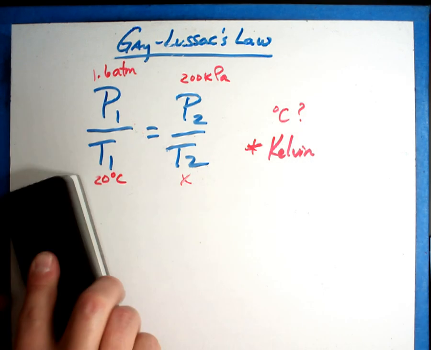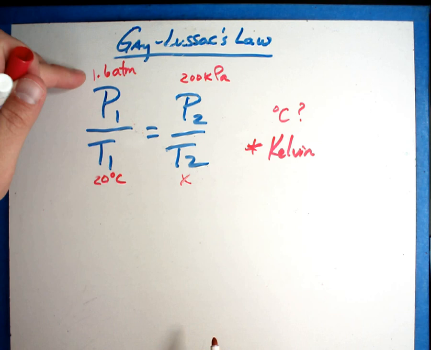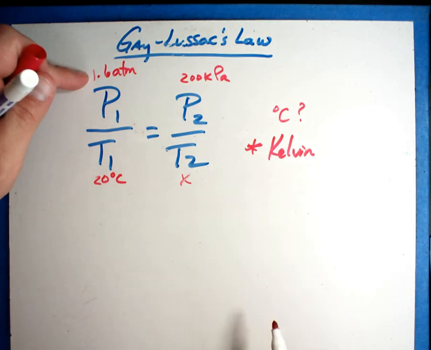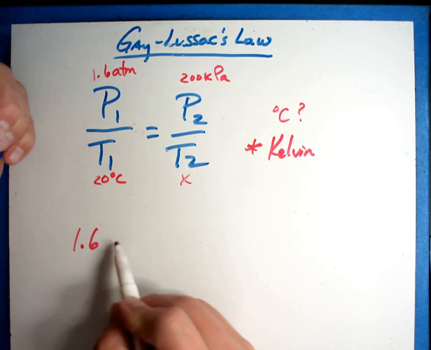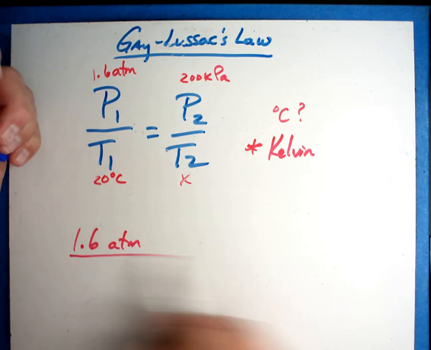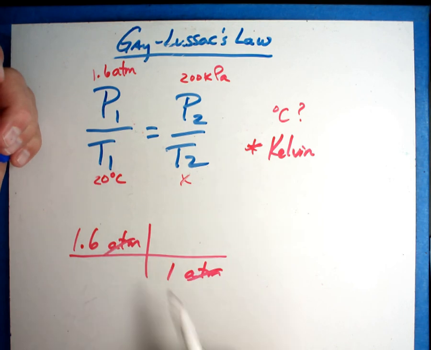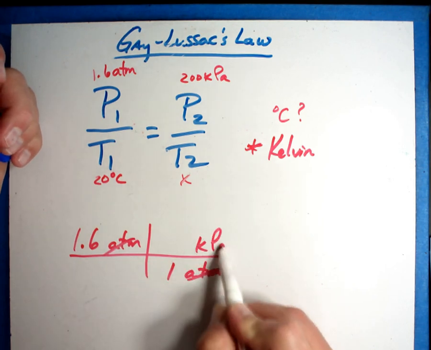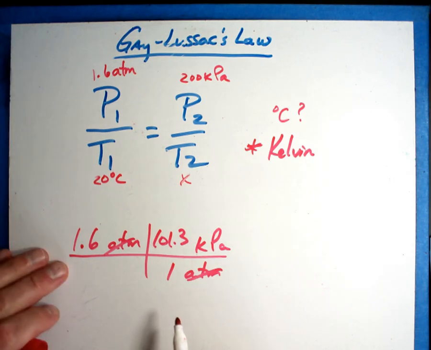I'm going to go ahead and take the problem out. First thing is my pressures don't match. So I need to either change atmospheres to kilopascals or kilopascals to atmospheres. It doesn't matter. So I'm going to take 1.6 atmospheres and railroad track it. Atmospheres cancel. 1 atmosphere is 101.3 kPa. That's the same number we used when we were doing Boyle's law.